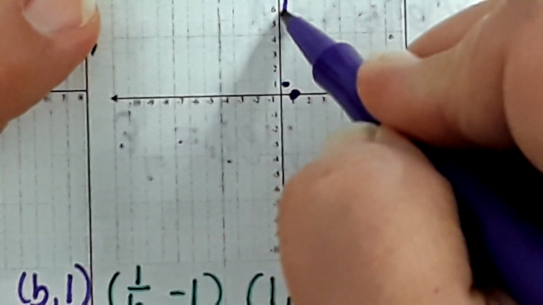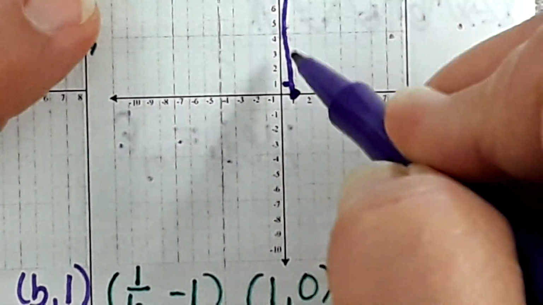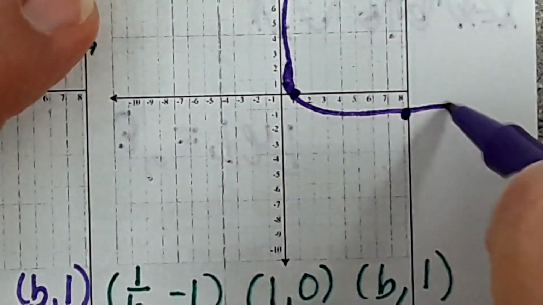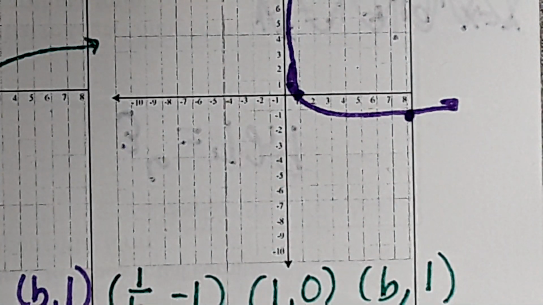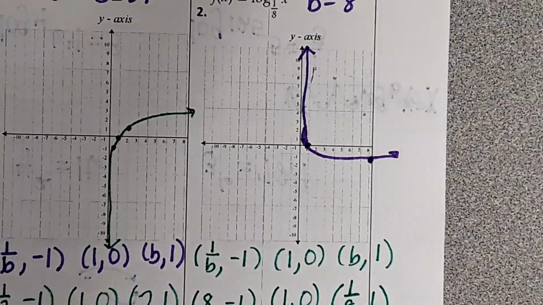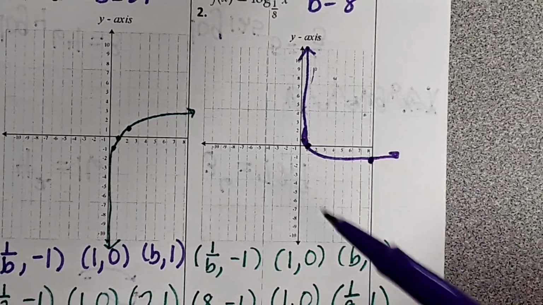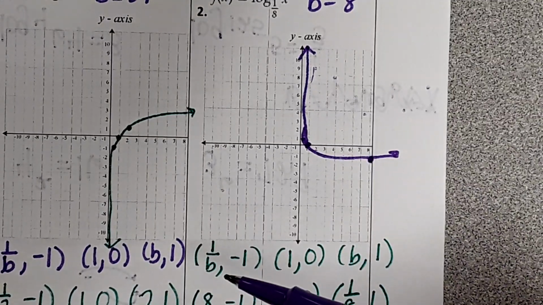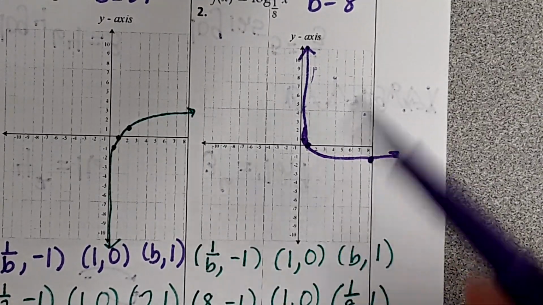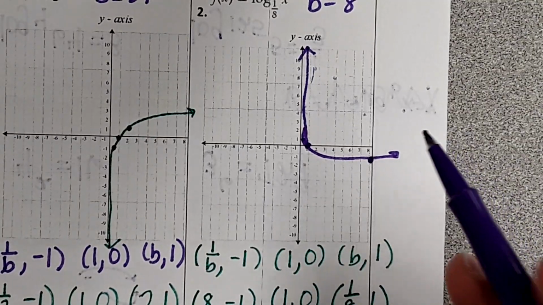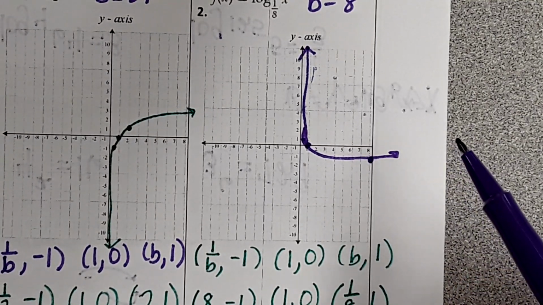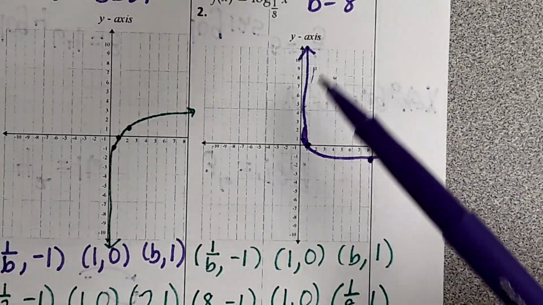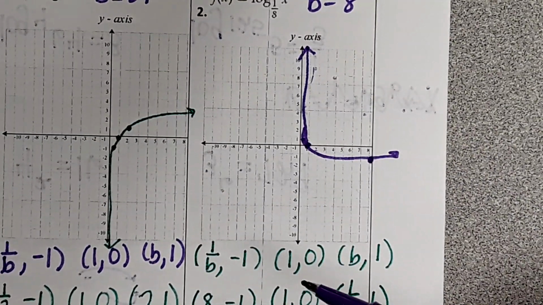And now it's going to go like this. The biggest difference is that first ordered pair, the 1 over b. That's what changes everything. Our asymptote is that y-axis.